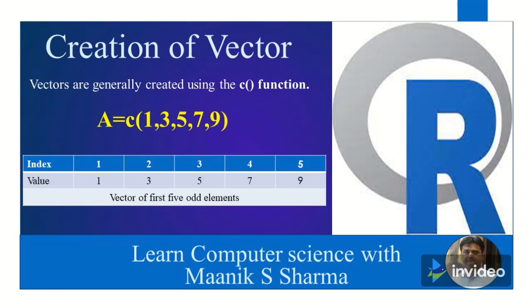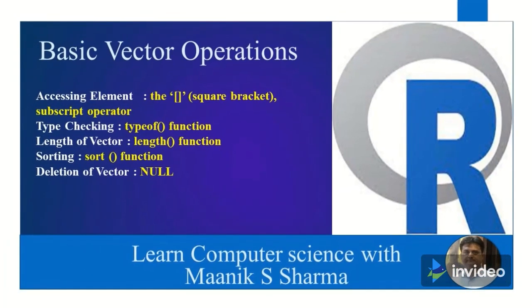Let's understand the basic operations that can be performed on a vector. Accessing vector elements. A vector element can be accessed in many ways. The most basic is using the subscript operator, that is square brackets.